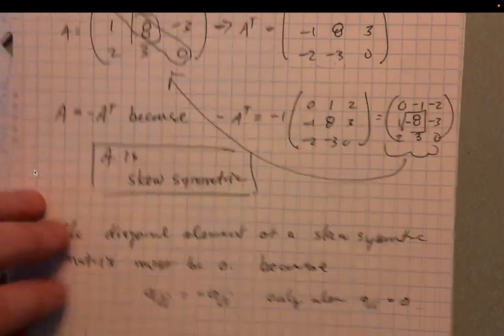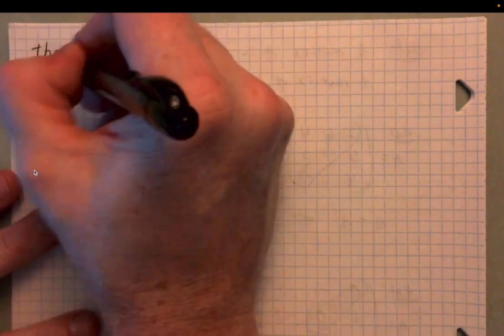All right, and now we'll have our first kind of nice big theorem here, and then we'll call it quits for this section. So this is a theorem, the first of many decomposition theorems from linear algebra.